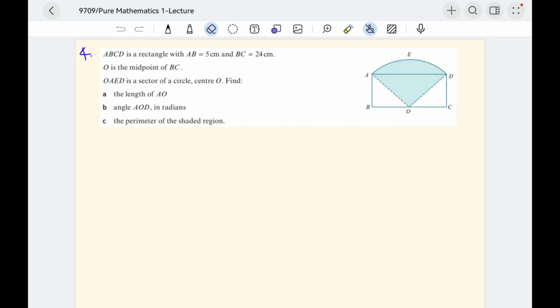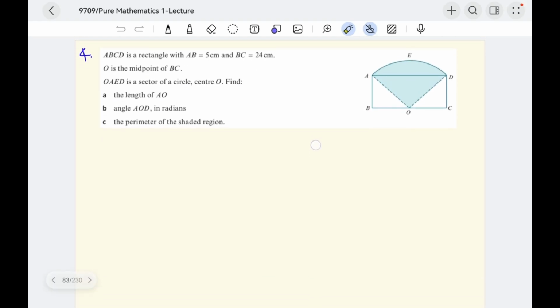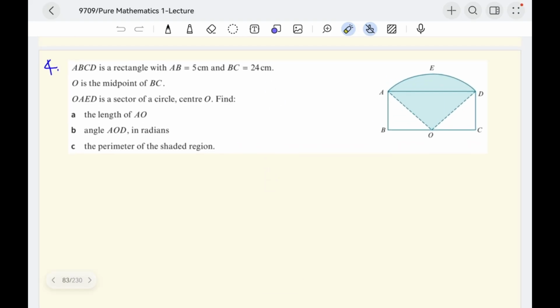All right, let's move on to the next question, which is question 4. It's also from the Coursebook. From this question on, we will discuss the complex questions of circular measure among the Pure Mathematics 1 topics. Okay, let's begin. ABCD is a rectangle with AB of 5 cm and BC 24 cm.